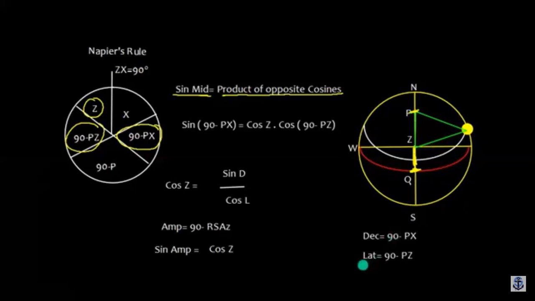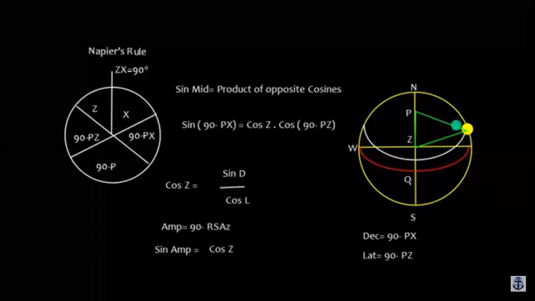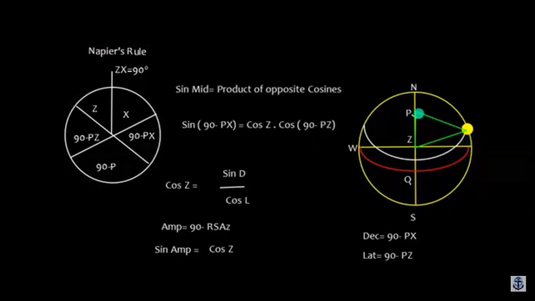PZ is the colatitude, so 90 minus PZ is your latitude. So cos of latitude, and Z. What is PX?